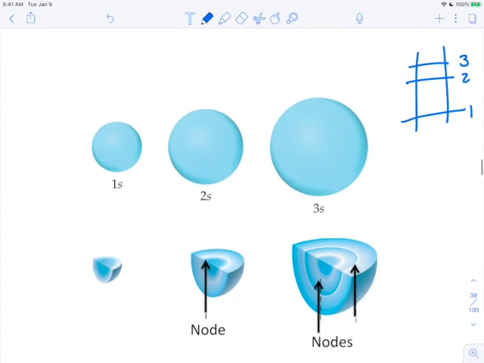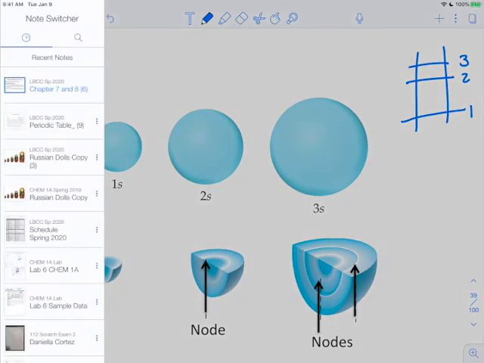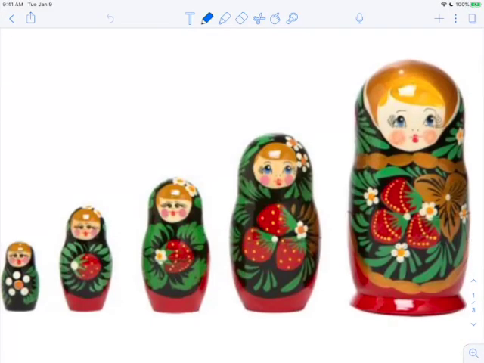What happens is these spheres fit one inside of the other. So to me, they remind me of Russian dolls. I don't know if you ever got a chance to play with these when you were a little kid, but the smallest one fits inside, and so it's like 1s, 2s, 3s, 4s, and 5s. They all have identical shape, and they do all fit one inside of the other.